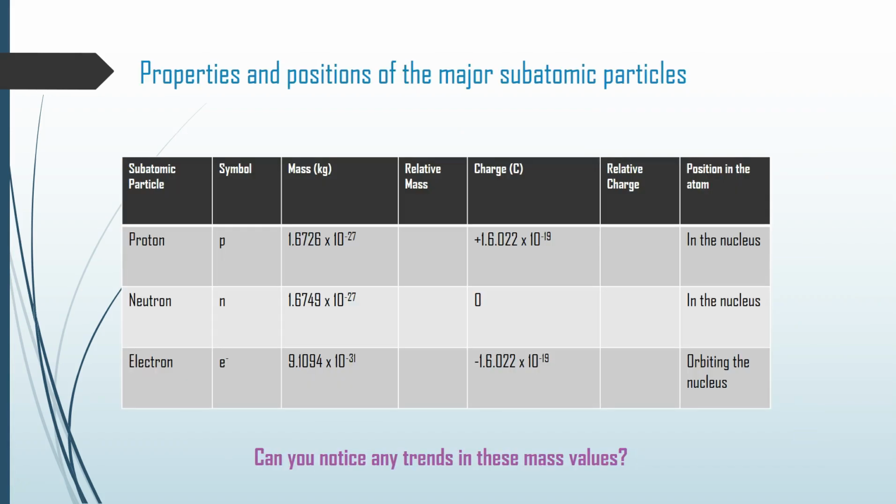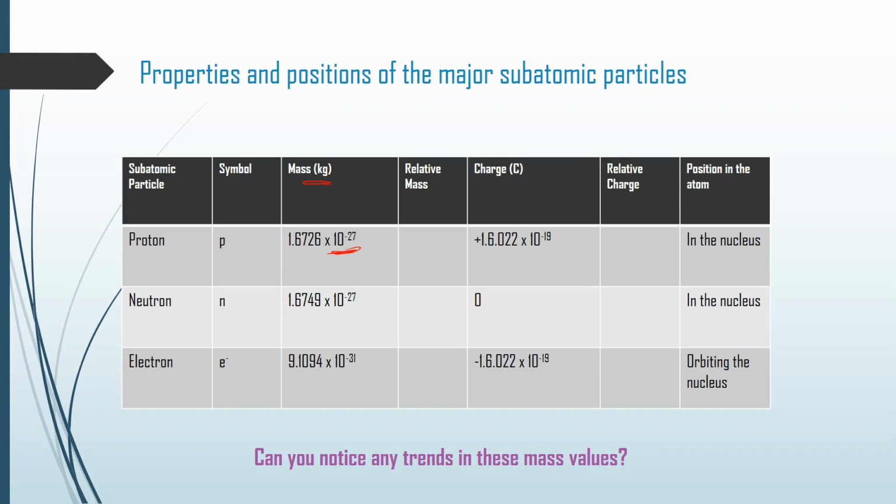So when we look at this, we need to have an understanding of the relative sizes and position of these. If we look at our protons, neutrons, and electrons, and try to write their mass in kilograms, we end up with a very large exponent, 10 to the negative 27, which means they're very, very small.